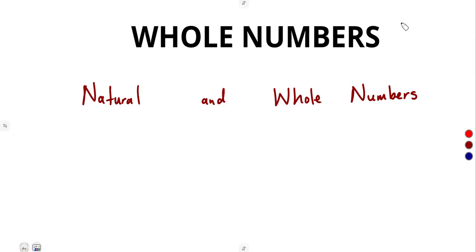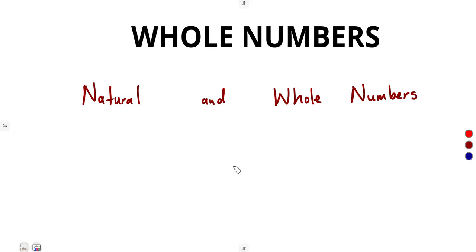So in our class, we are going to focus on natural and whole numbers, which is from your previous grade. Remember, you had this one in grade 7, where you dealt with whole numbers and natural numbers.